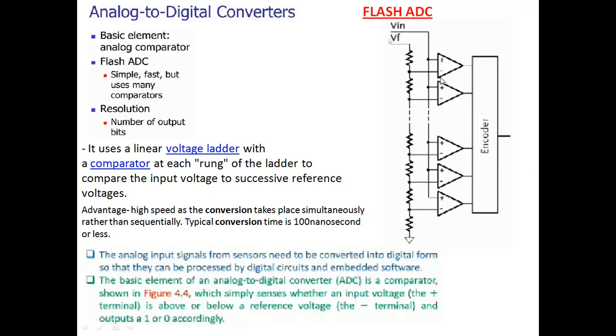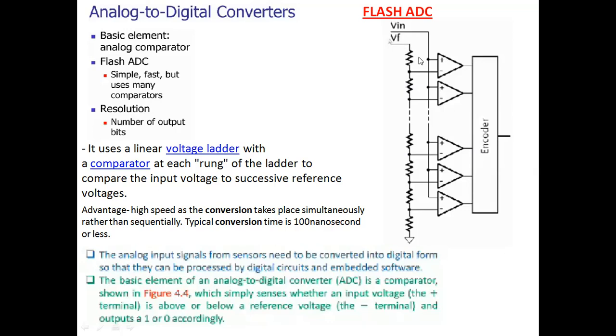So you can say that the lower 3 comparators will give us a high output, and the upper 3 comparators give us 0, 0, 0 output. These outputs of the comparators are given to the encoder circuit, and the encoder gives the output in digital form. Like this you can explain the operation of this flash ADC.